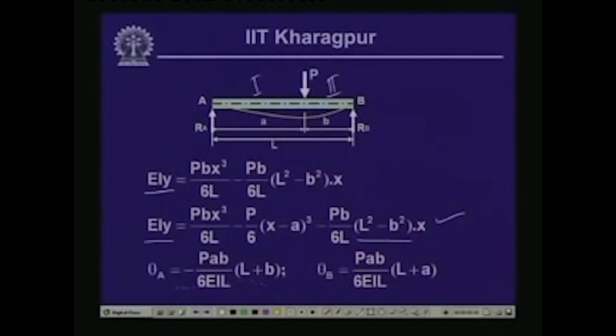Consequently, we have the rotations at end A, theta A, and at end B, theta B, and as you have seen, theta A is negative and theta B is positive, as I have already explained.